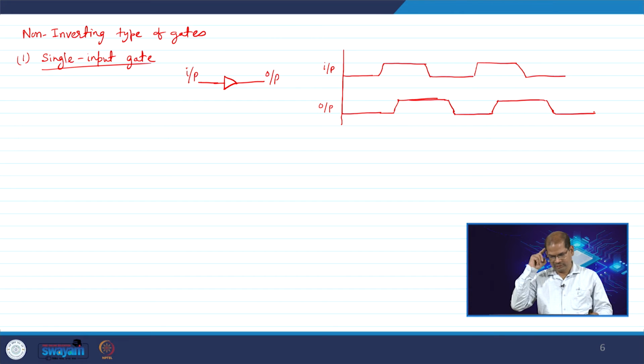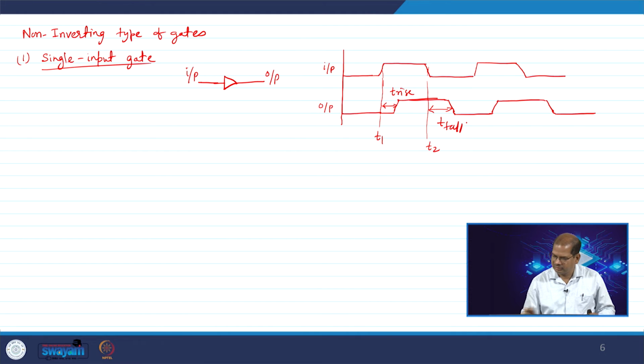Okay. So, now let us say this is my T1, this is your T1 and this will be your T rise. Similarly, if I consider this one as my T2, this delay is basically T fall.